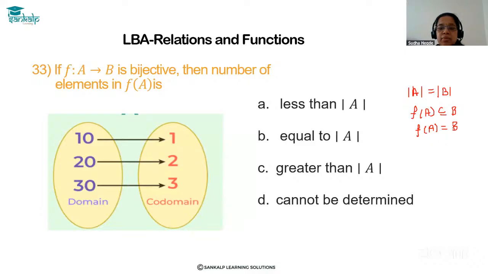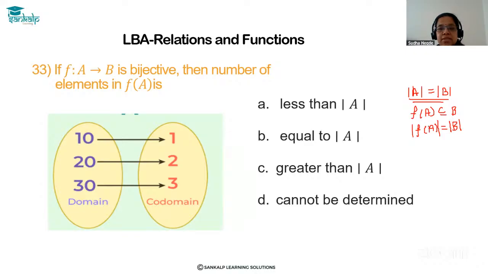That implies number of elements in B must be equal to number of elements in f of A. But number of elements in B is also equal to number of elements in A. Therefore, number of elements in f of A must be equal to cardinality of A or mod A. So check the options.